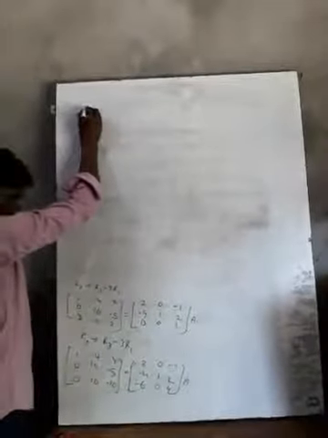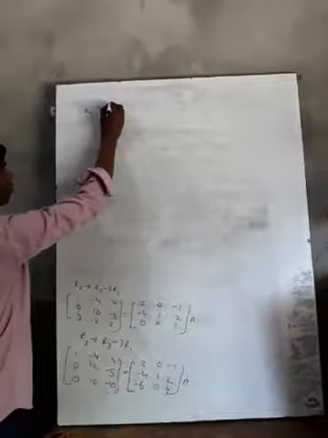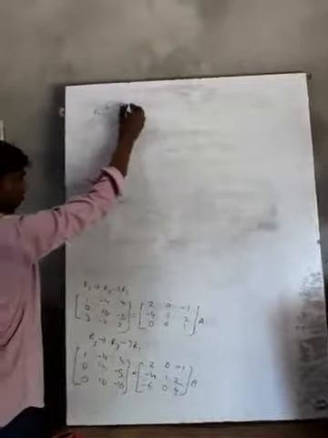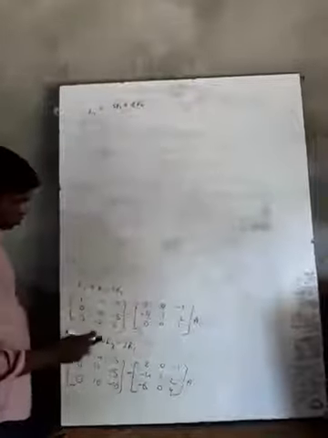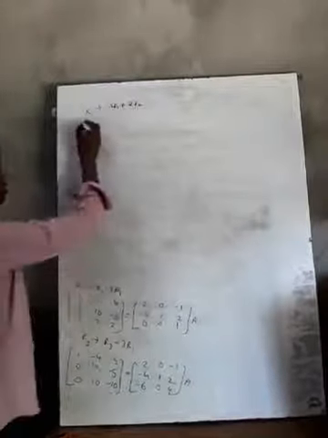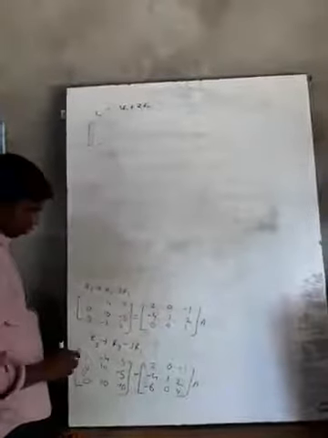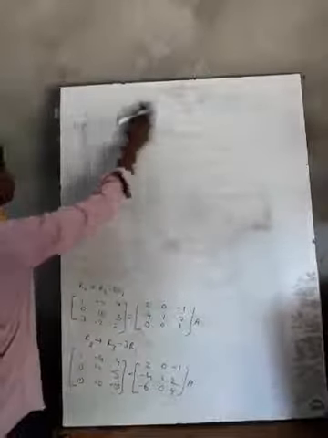We can change R1 into 5 R1 plus 2 R2. Then minus 20 plus 20, 0 will be there. Yes, we can't do that because that will change it.